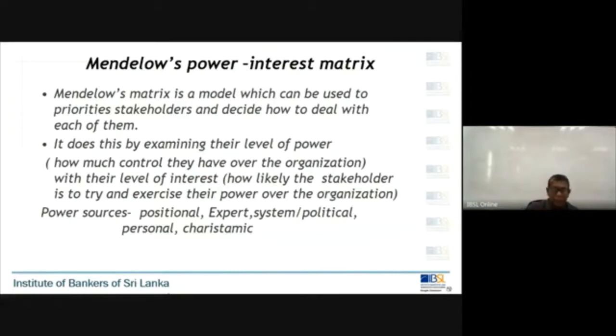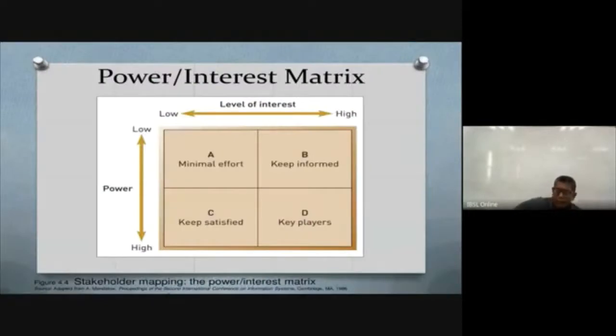We categorize them into 4 quadrants: minimal effort, keep informed, keep satisfied, and key players.